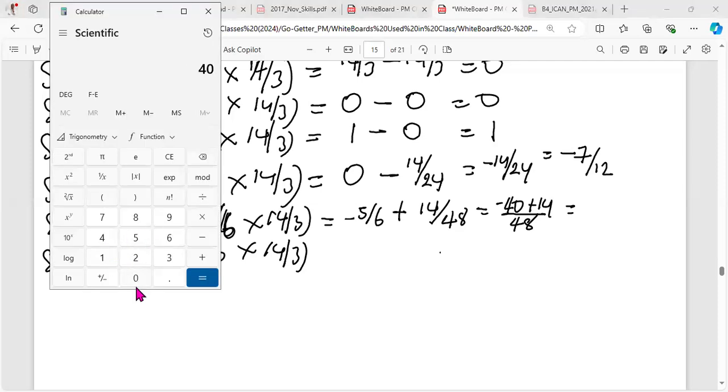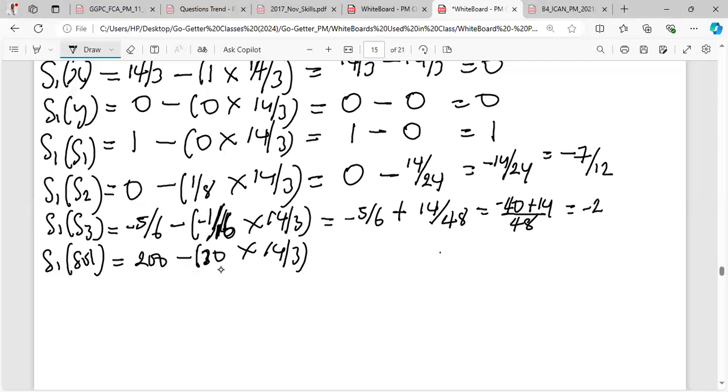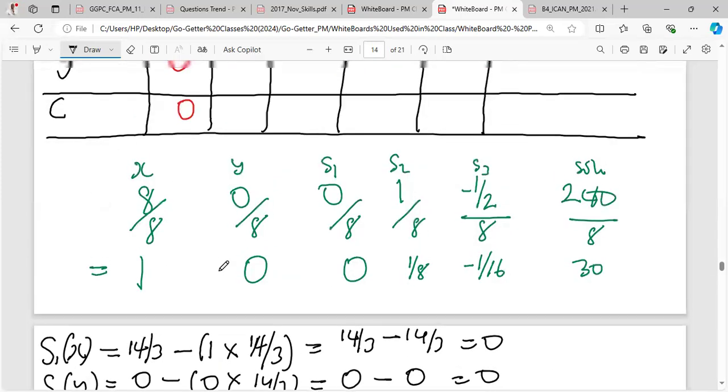So this is minus 40 plus 14 gives me minus 26 over 48. You have to divide by 2. This is going to give me minus 13 all over 24. Minus 13 over 24.